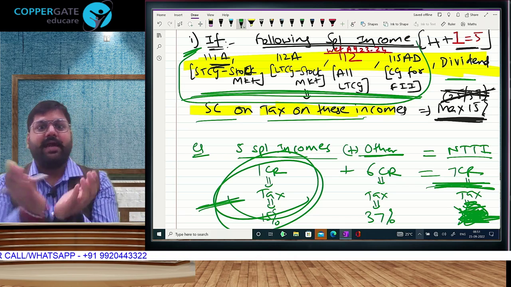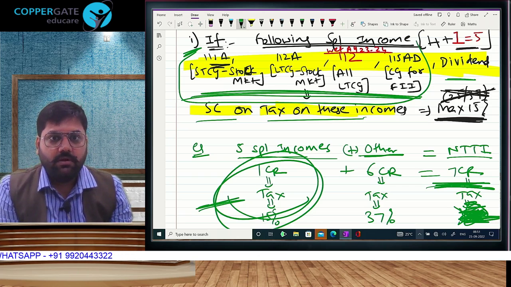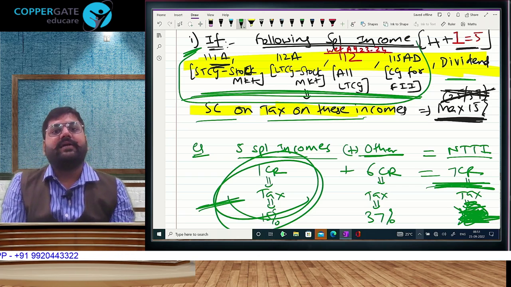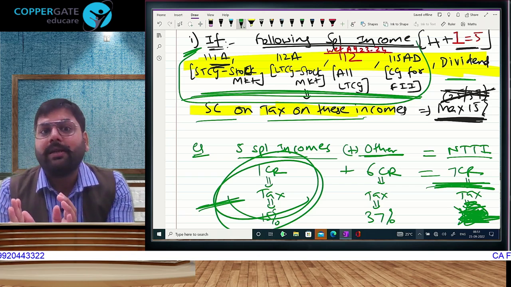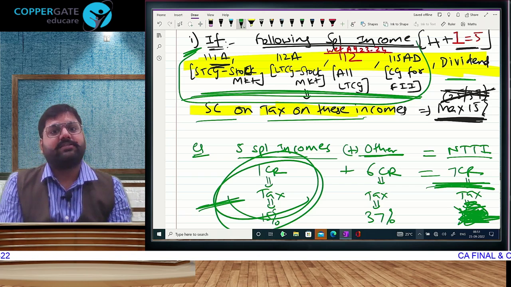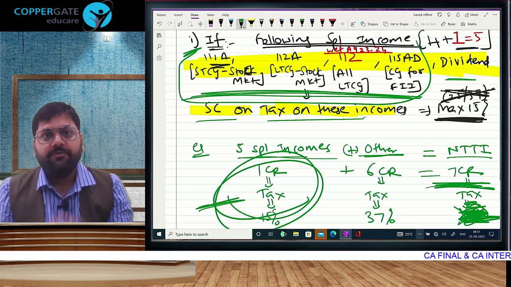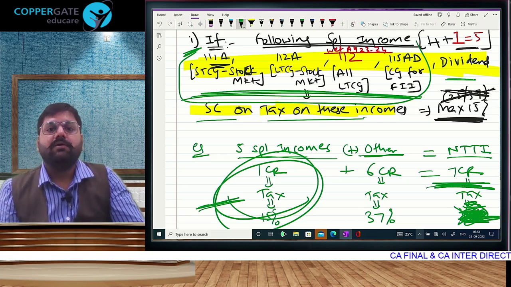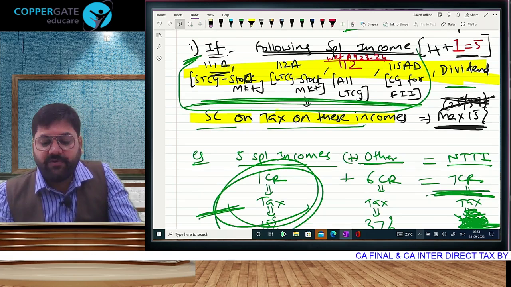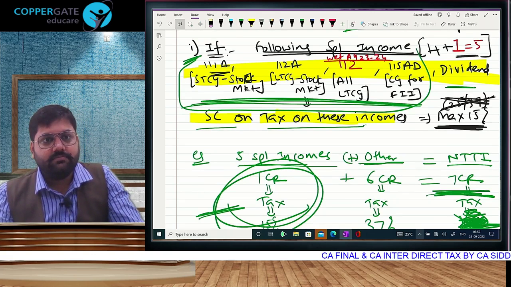So basic tax will be calculated like other incomes. And then proportionately you find out dividend's tax. Because on other income's tax you can apply 25 and 37. On dividend's tax you cannot apply more than 15%. 5 incomes' tax maximum 15%. That's my first point. Is that clear?